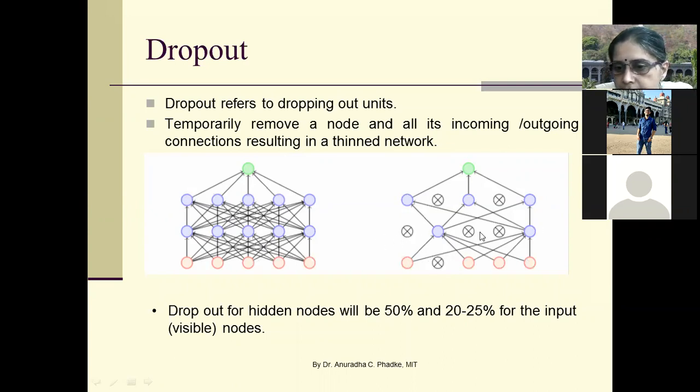In the second hidden layer, we have removed 3 nodes, and in the third layer, 2 nodes. Similarly, if you have more hidden layers, we can go on removing nodes from all the layers. Usually, while applying dropout, we remove 50% of the nodes from hidden layers, and from input layers, we remove only 20 to 25% of the nodes.